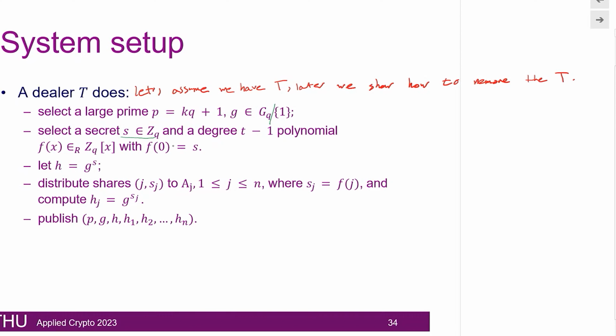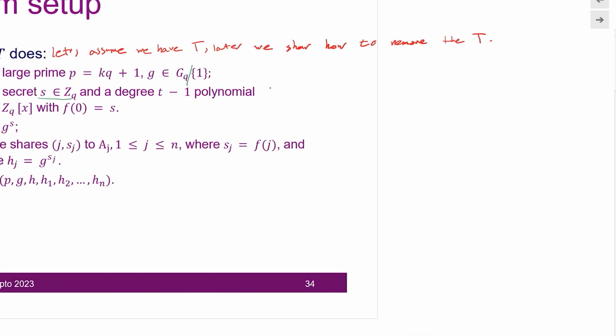We know how we set up this polynomial now. All we have to do is to find its coefficients in ZQ, with f of 0 equal to s. So essentially what we are looking for is to construct this function f(x), which is equal to a to the t-1 and so on.